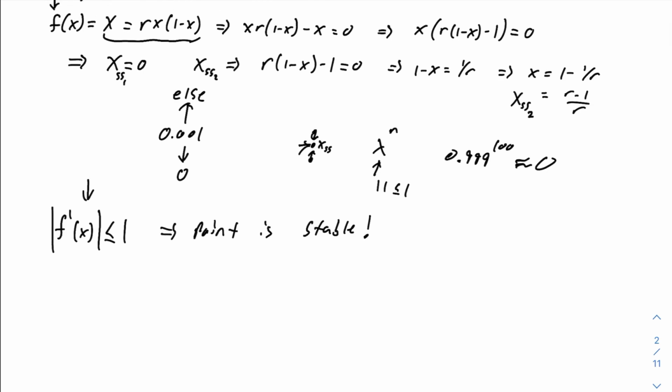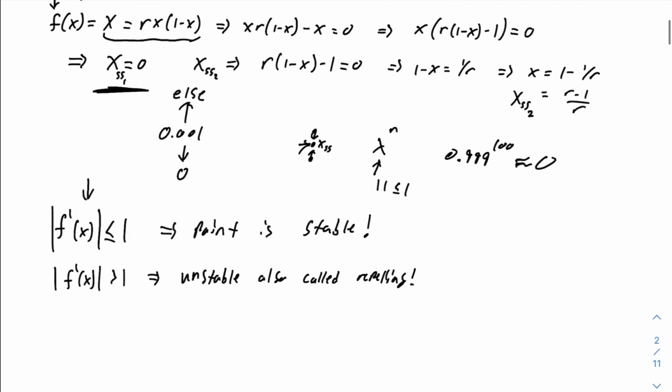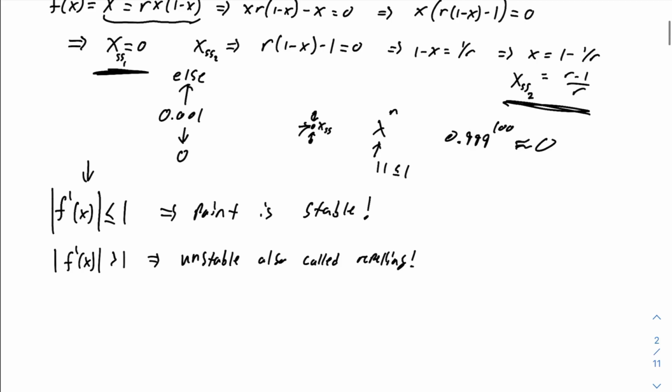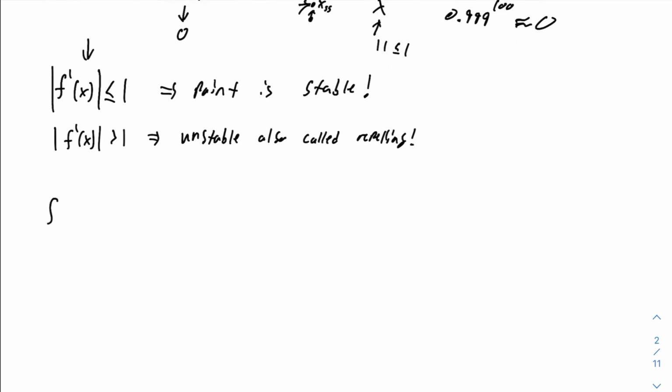And then, obviously, f prime of x greater than 1 leads to unstable, also called repelling. Cool. So let's check out our steady states S1 and S2 to see if they're repelling or if they're stable, attracting. So let's start with f prime of x steady state 1, which is equal to 0.